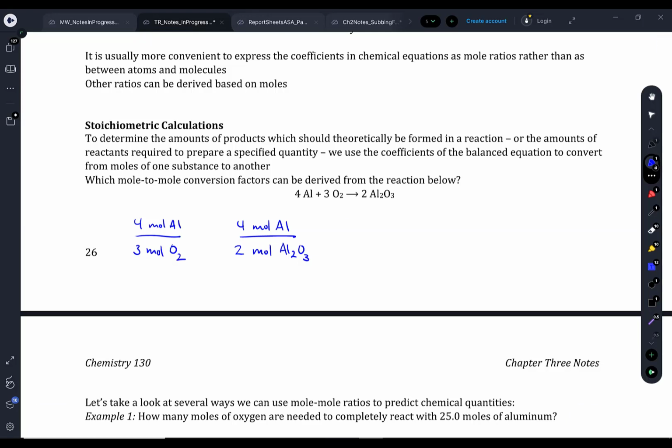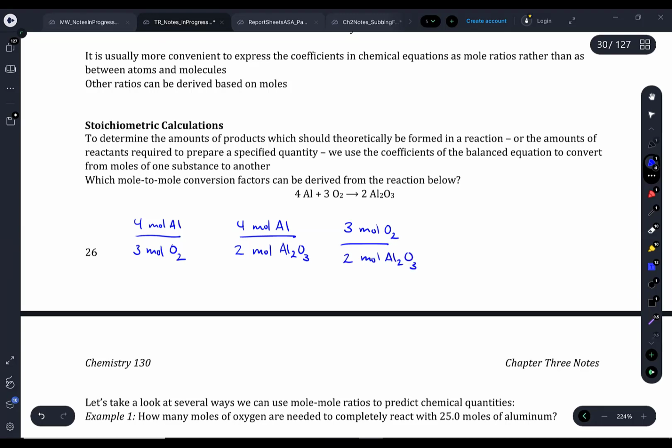For every 3 moles of oxygen, that's related to 2 moles of aluminum oxide. And then there are 3 more, which would be the reciprocals of those.